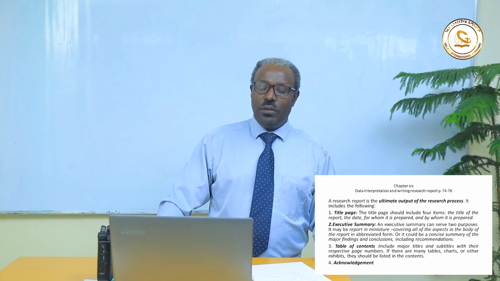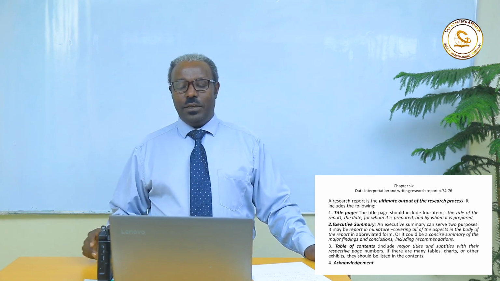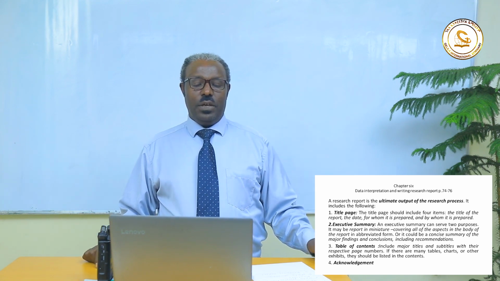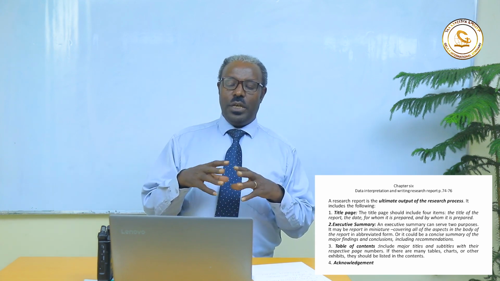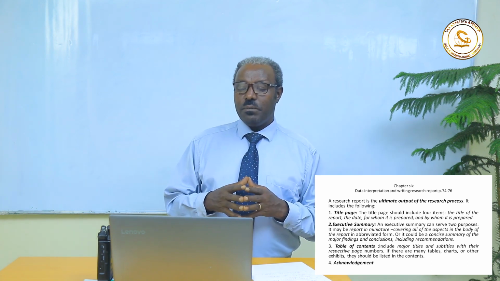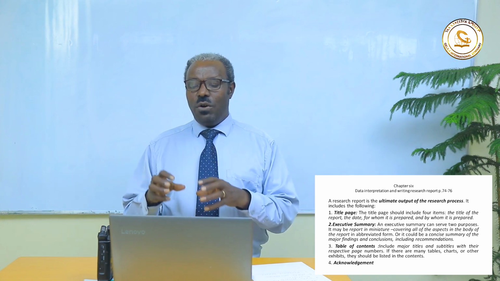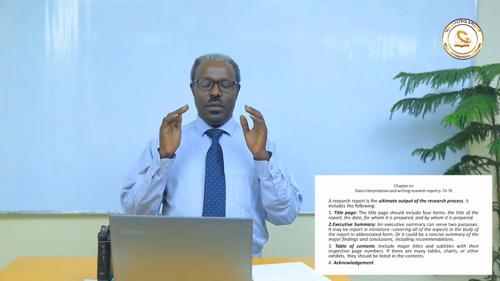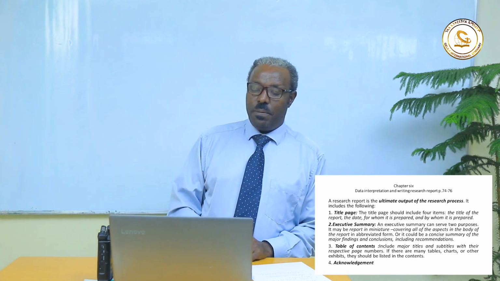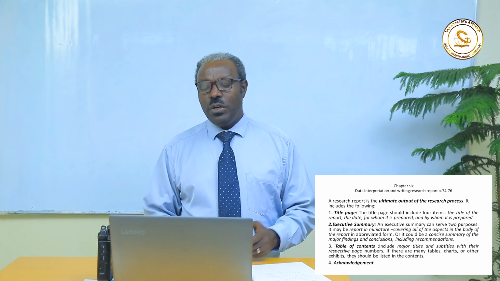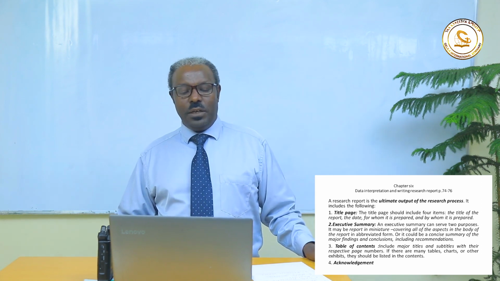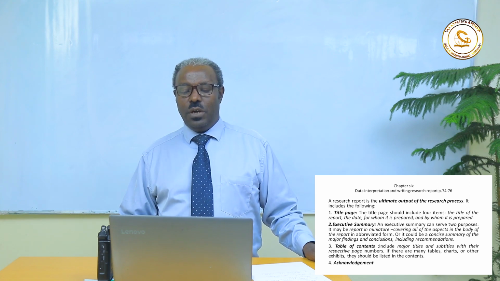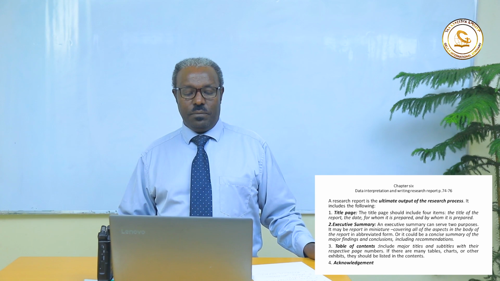Number 2, executive summary. An executive summary can serve two purposes. It may be a report in miniature, covering all of the aspects in the body of the report in abbreviated form. Or it could be a concise summary of major findings and conclusions, including recommendations.